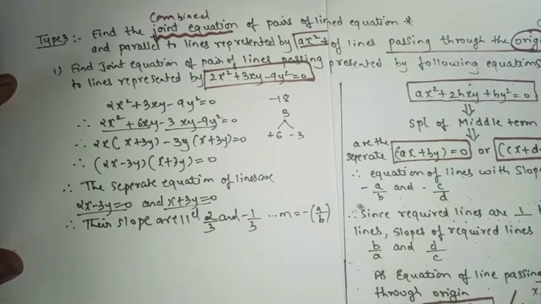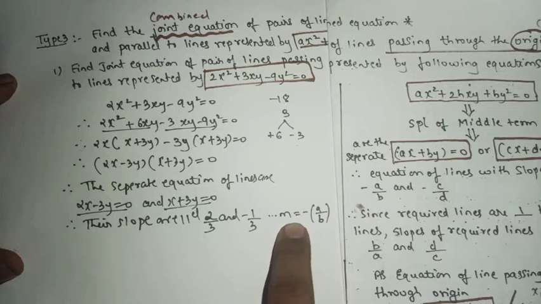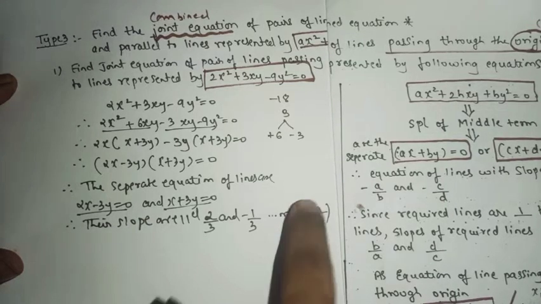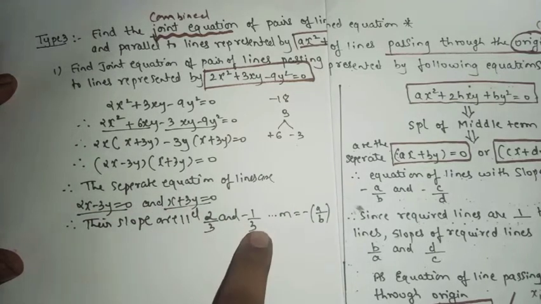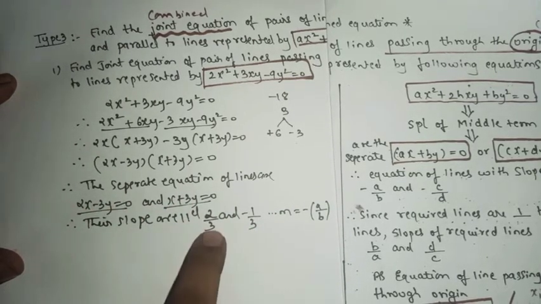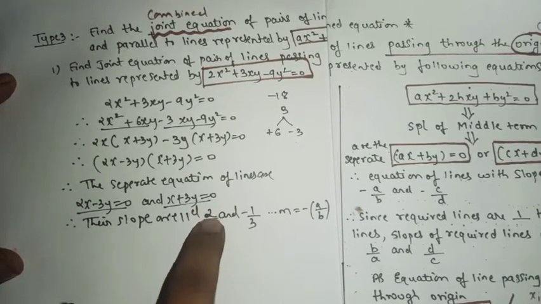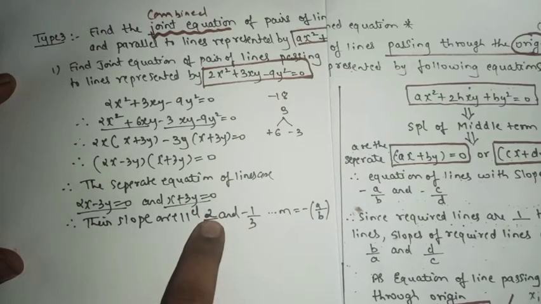Minus 1 by 3. So directly we can find the answer using this formula. Which one? Minus coefficient of x upon coefficient of y. So for the first line you will get 2 by 3, for the second minus 1 by 3. As it is parallel, you will keep the slope as it is. No need of doing the reciprocal with the opposite symbol.